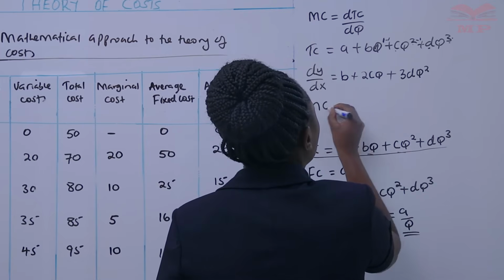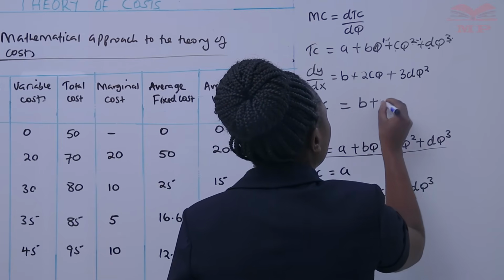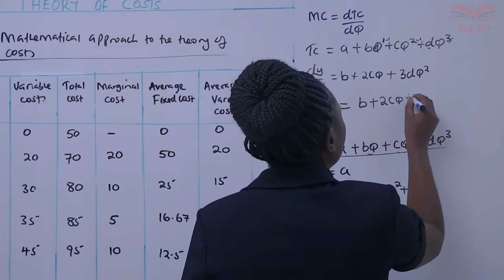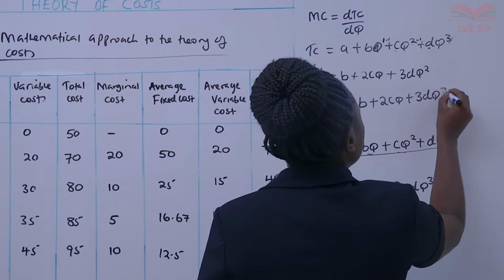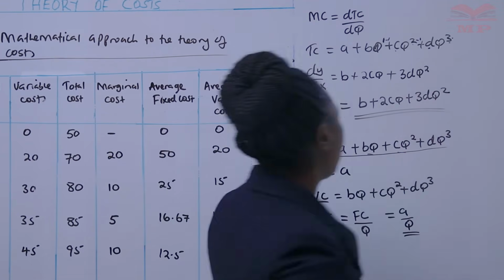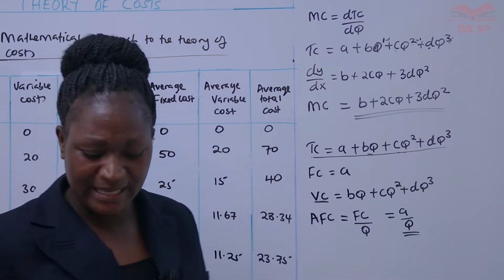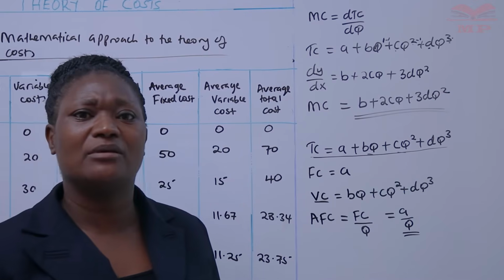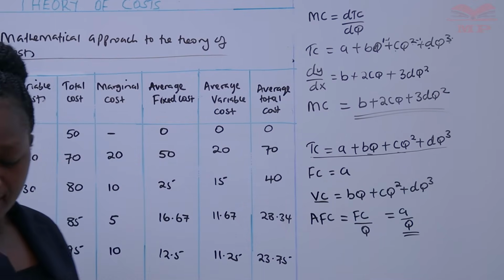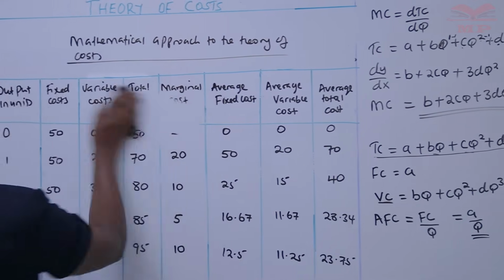And therefore, our marginal cost function will be B plus 2CQ plus 3DQ squared. And that will be our marginal cost function. So we can take a mathematical illustration. Can wrap this part.